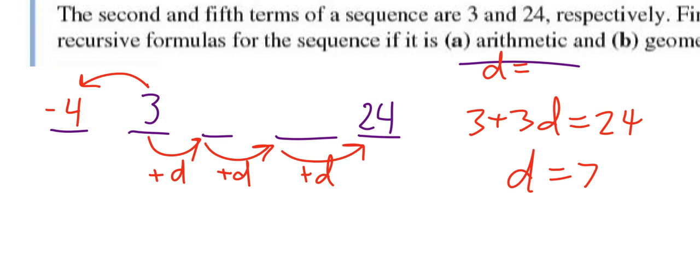So now we can come up with the explicit formula for an arithmetic sequence. Remember I said in the notes, it's basically the point-slope form of the equation of a line. Yes, you need to know the first term, and you need to know the common difference. Please fill in those 2 blanks.